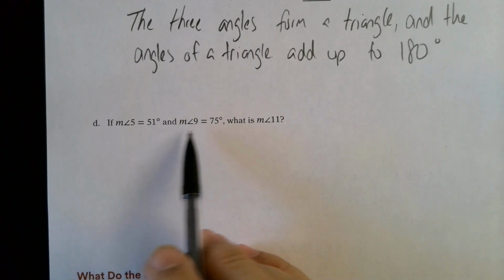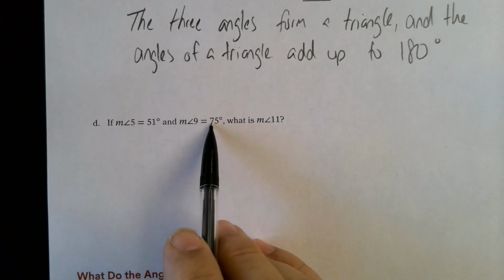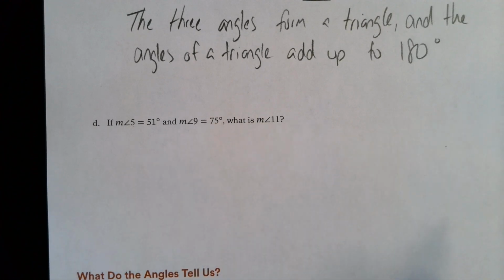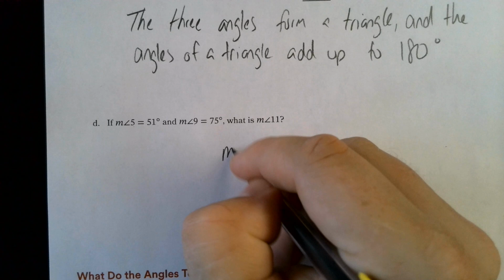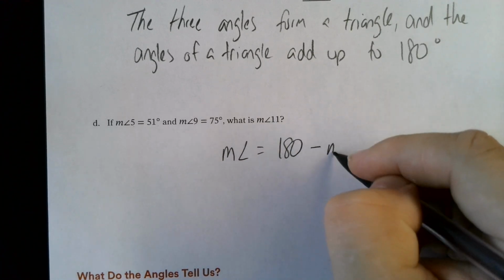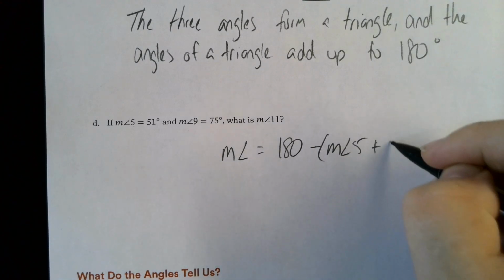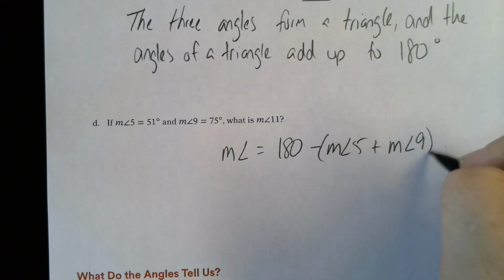So for D, if measure of angle 5 is 51 and measure of angle 9 is 75, what is the measure of angle 11? Well, the measure of angle 11 is equal to 180 degrees minus the measure of angle 5 and the measure of angle 9.